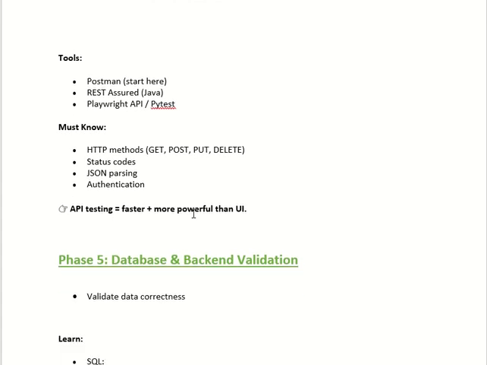Okay, and the must-know concepts are HTTP methods, status codes, JSON parsing, authentication, and many other concepts, guys. Okay, how to do response validation and how to do assertions properly.